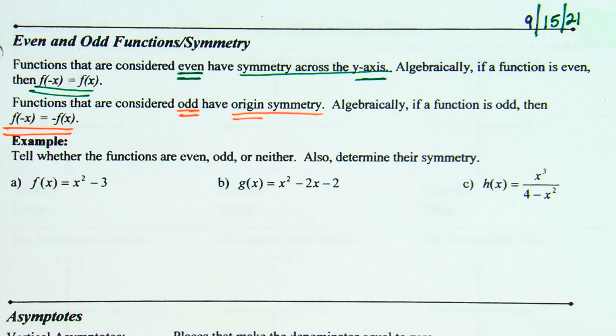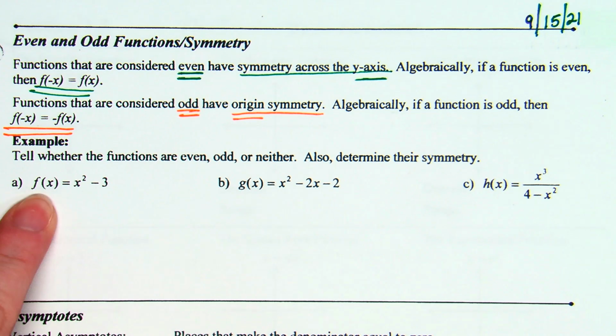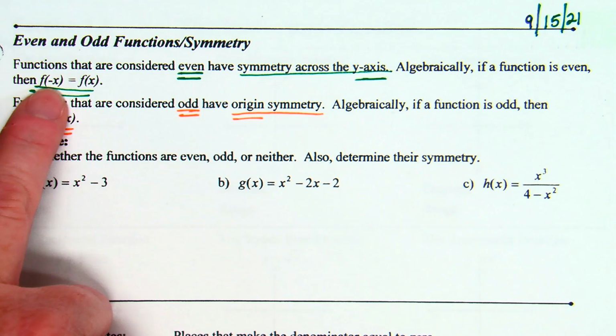Okay, so we'll look at the graph here in a moment. Algebraically, the given is f of x, right? We need to find things like f of negative x and negative f of x. Okay? So, start by finding f of negative x.